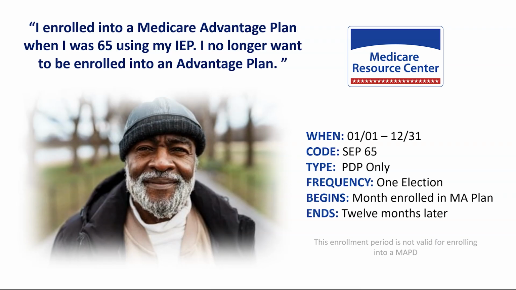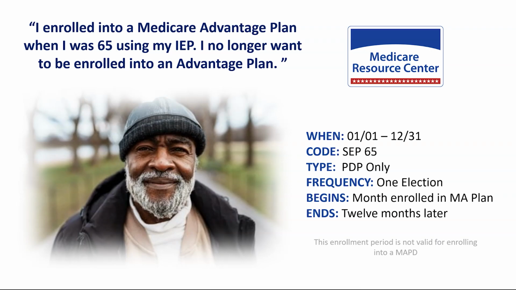So this is somebody that at age 65 used their initial enrollment period and enrolled in a Medicare Advantage plan. Anytime during the first 12 months of being initially enrolled in that Advantage plan, did you know that consumer can change their mind and say, I don't want this Advantage plan?